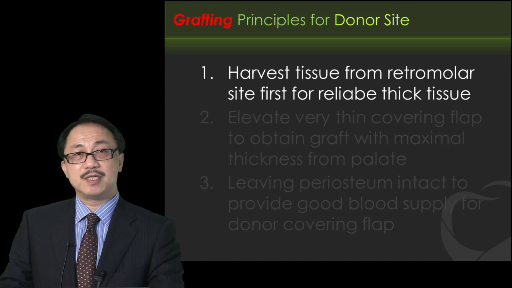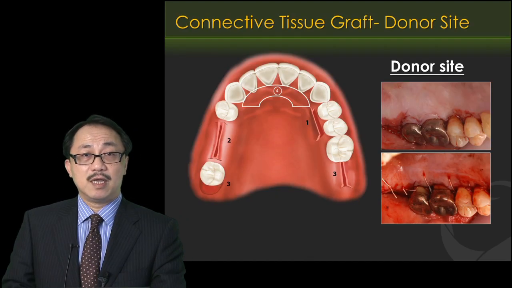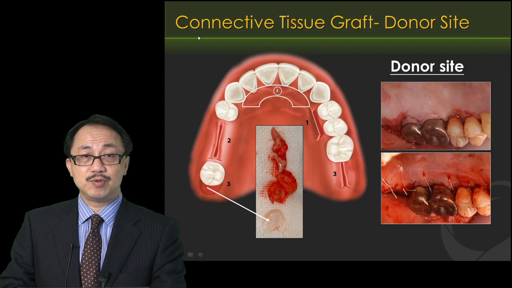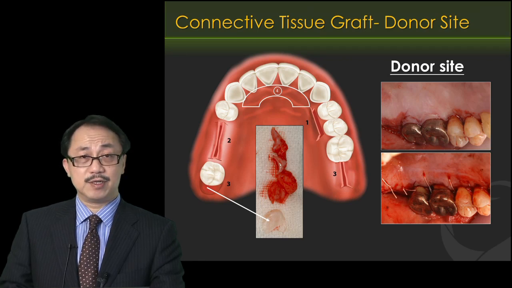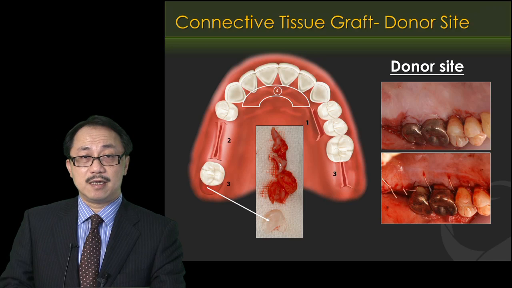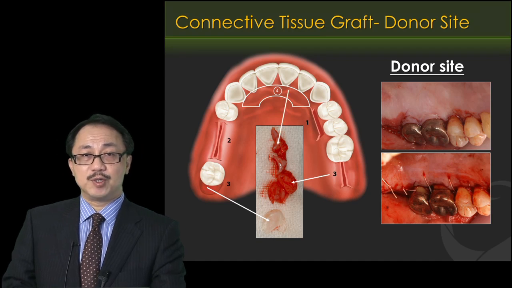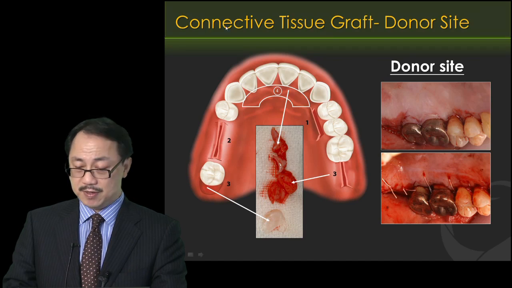Let's look at the first example. If we can obtain the graft firstly from the retromolar area, that's the thickest tissue you can harvest. Sometimes when patients are lacking a second molar or third molar, you can easily access this area to obtain the graft tissue, or to acquire the tissue from inside of the wedge or from an internal flap to obtain a certain thickness of the tissue.